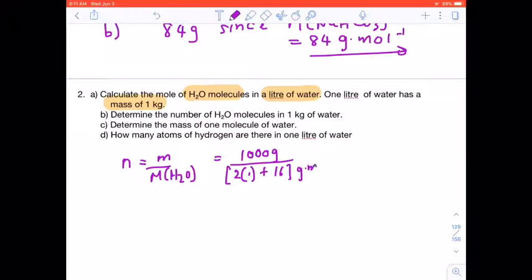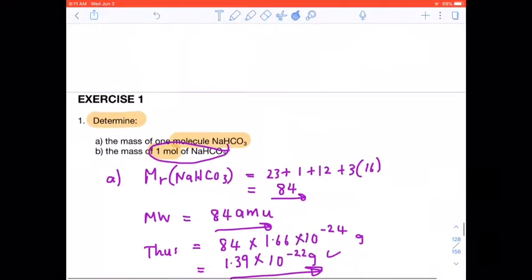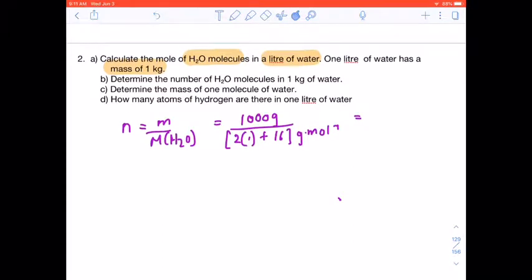Gram per mole, which is 2 plus 16, that is 18.